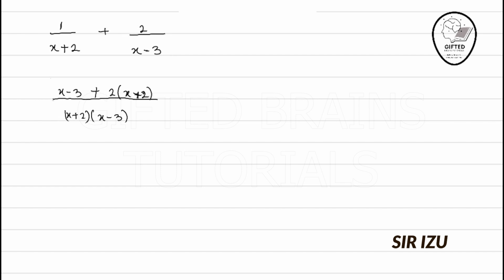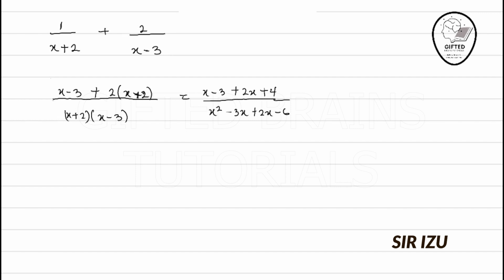And so, if I simplify the numerator, we have x minus 3 plus 2x plus 4, all over, and if I expand the denominator as well, I will have x squared minus 3x plus 2x and then minus 6.